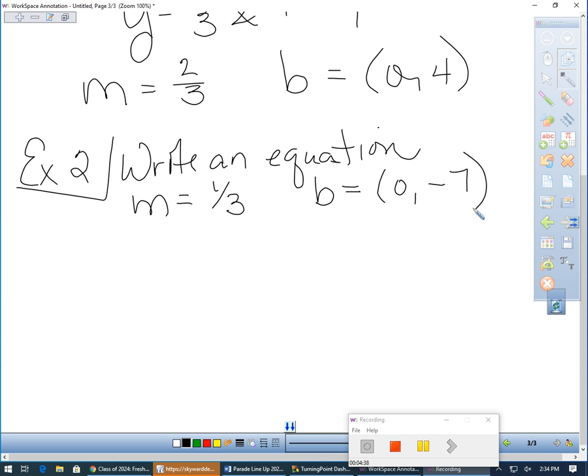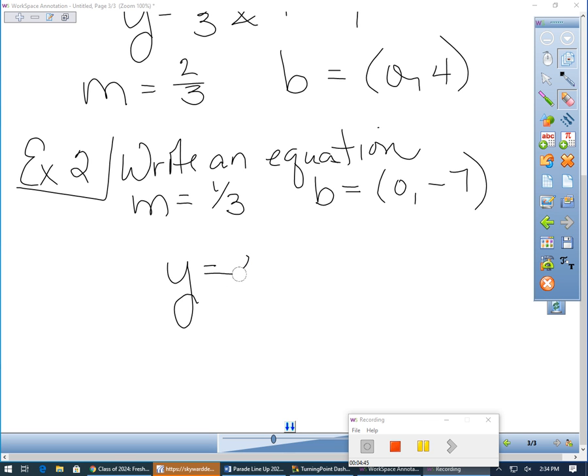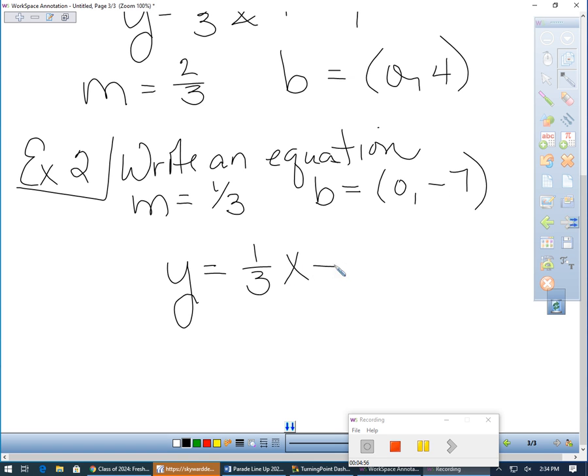Alright, we're going to write an equation in slope-intercept form. So I have y equals, good, 1/3 x. Nice job, Carson. Y equals mx. My m is 1/3, just like Carson said. Then x. And then plus b, and in this case our b is -7. Questions? No questions, okay?